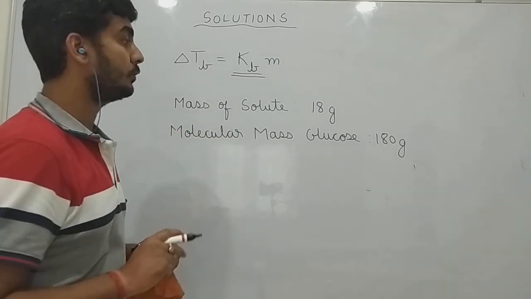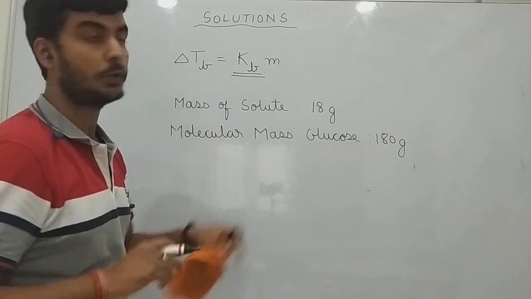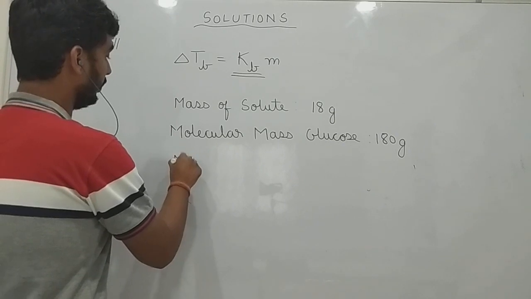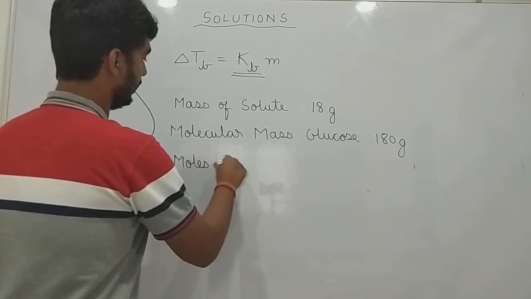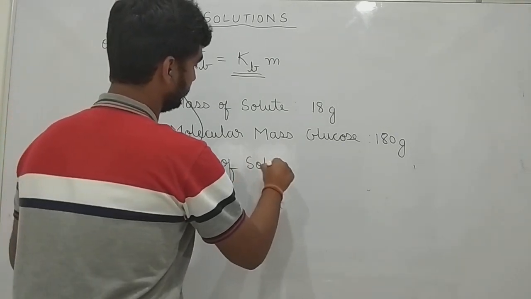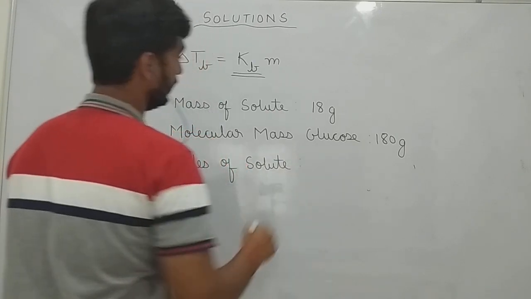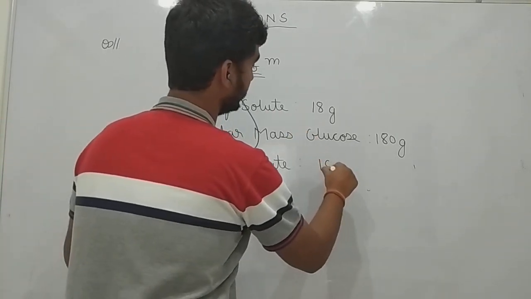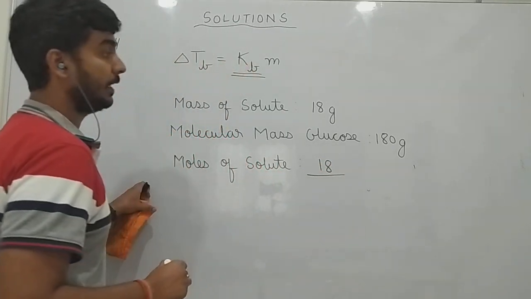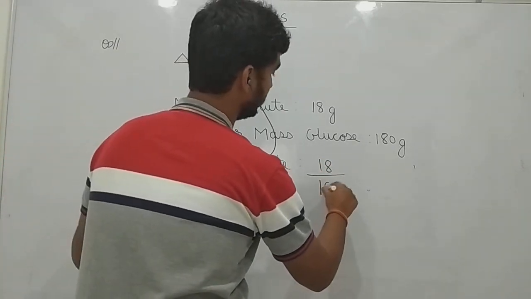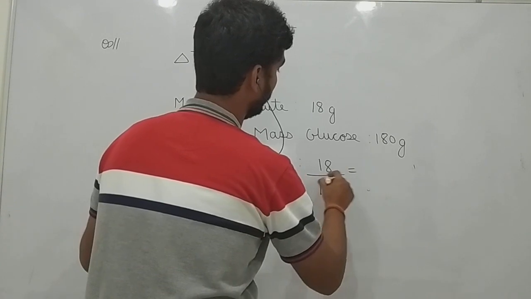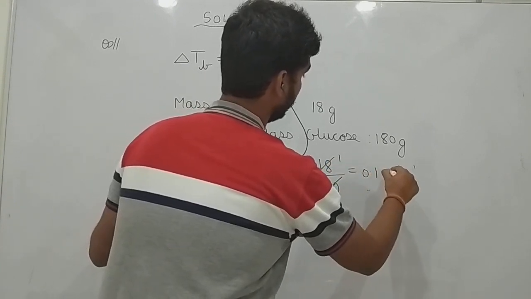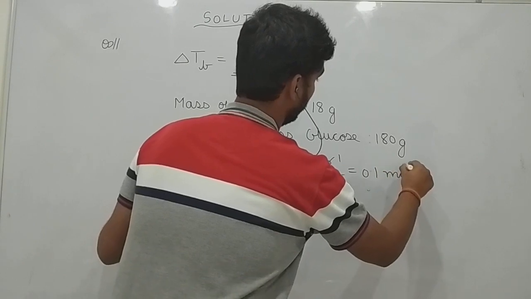So the molecular mass of glucose and the mass of solute are known. Can we calculate moles of solute? Moles of solute will be given mass divided by molecular mass, which is 180. It will come out to be around 0.1 mole.